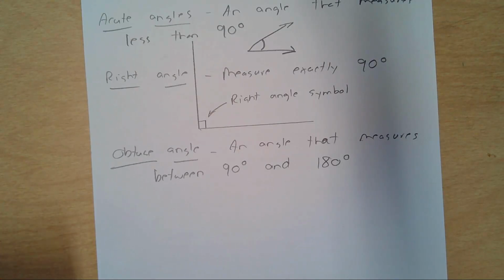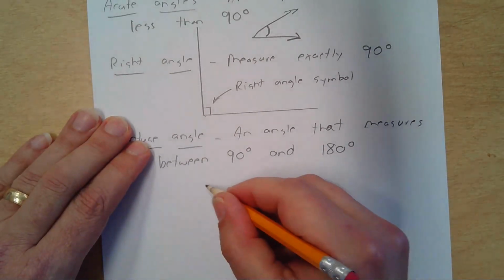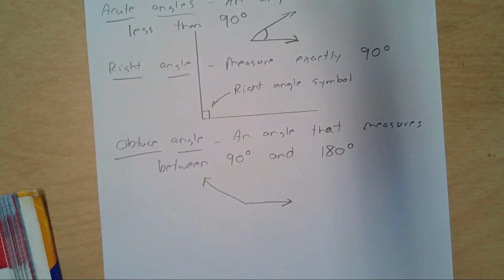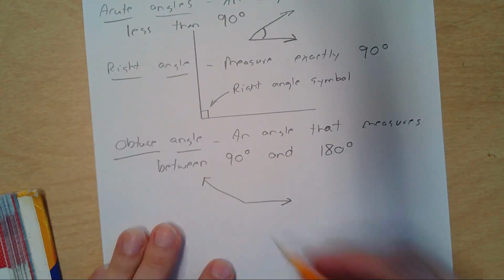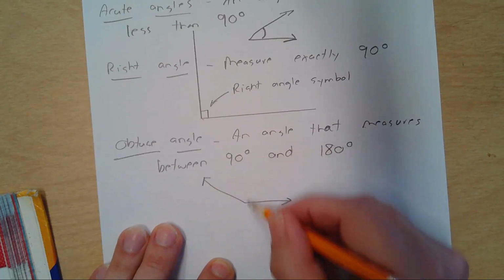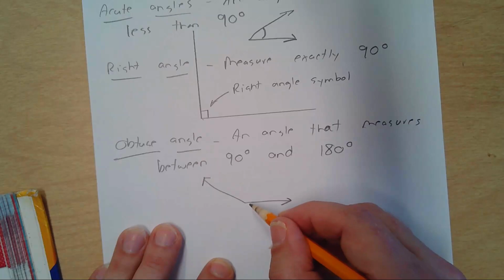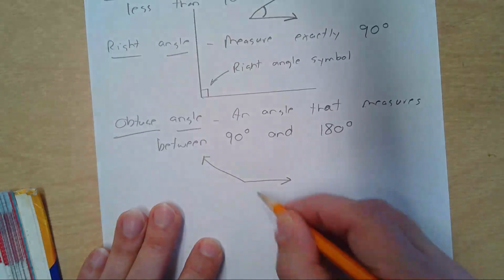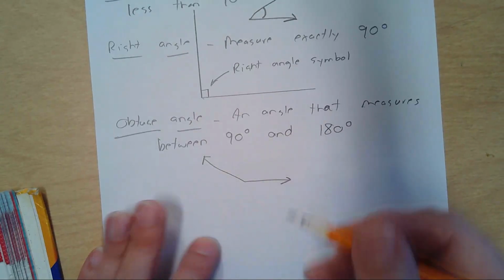So obtuse angles, if I just briefly drew one out there, maybe something like that here, be an obtuse angle, because we know straight up and down, that's 90 degrees, that's a right angle. And if it's less than that, well, that's an acute angle. And if it's bigger than straight up and down, well, that's an obtuse angle.